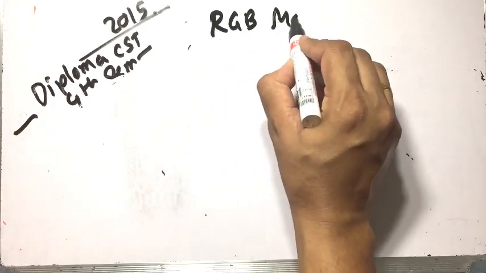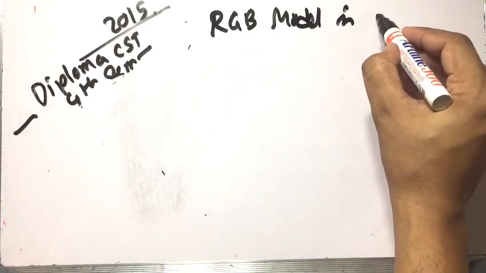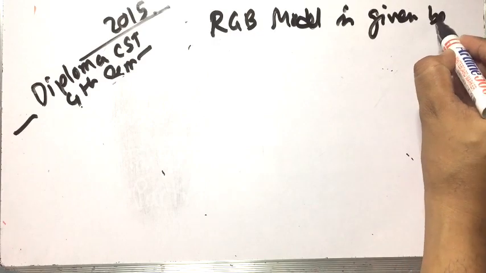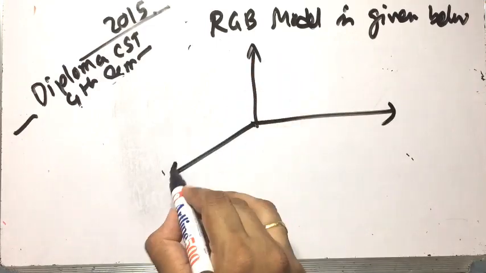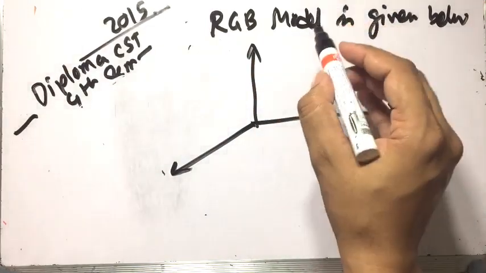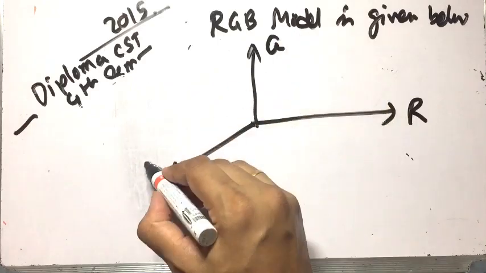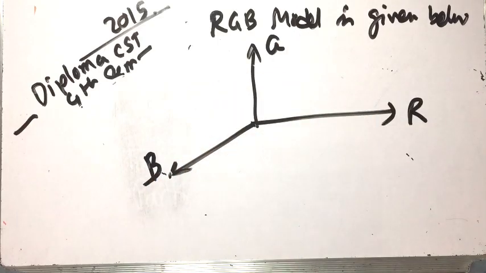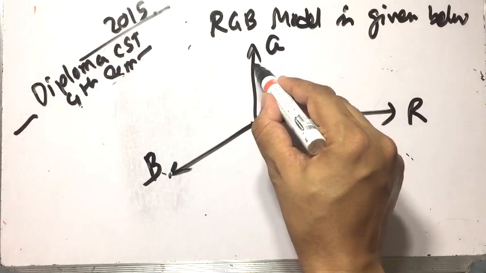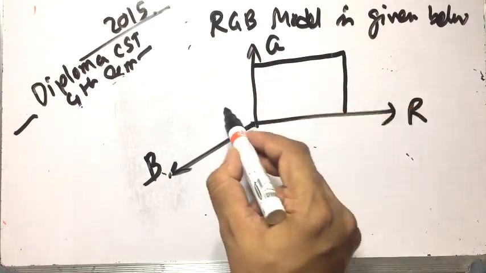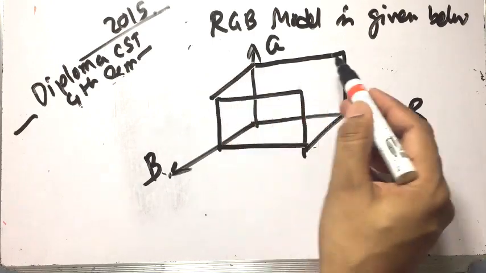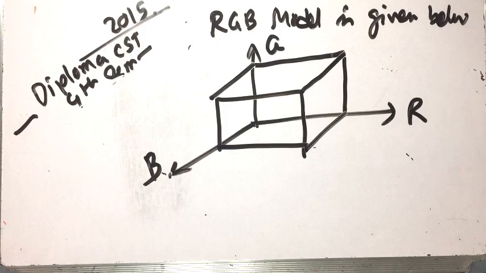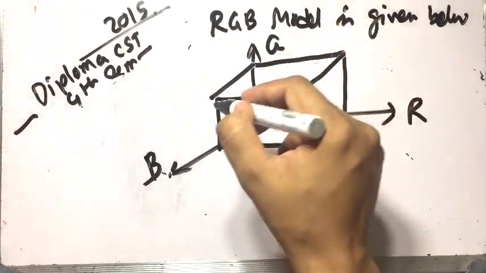The RGB model is given below. There are 3 axes: the first is red, the second is green, and then blue, like X, Y, Z. So this is a 3D view, and the cube diagram is the RGB cube.